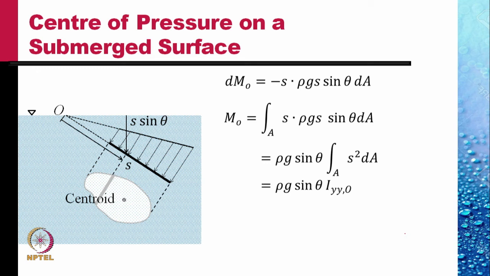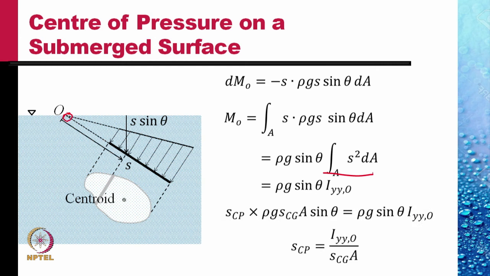The S square dA term, integral over A, is nothing but the second moment of area about the axis perpendicular to the screen passing through O. So the moment now is rho g sine theta times the second moment of area IYY O.